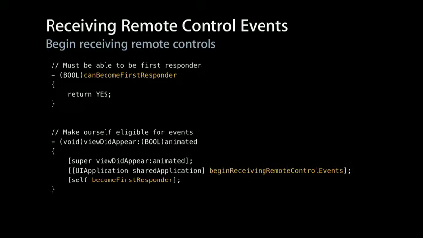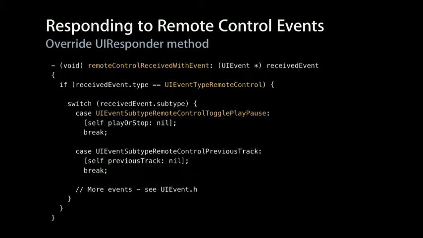Handling remote control is not difficult. First, your view must implement canBecomeFirstResponder. Next, when your view appears, you must tell the application object that you want to receive remote control events and become first responder. While you are first responder, events will come into your remoteControlReceivedWithEvent method.